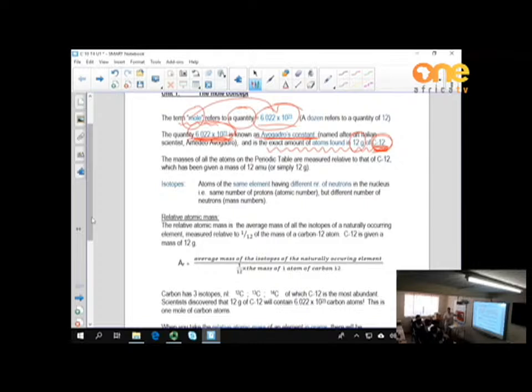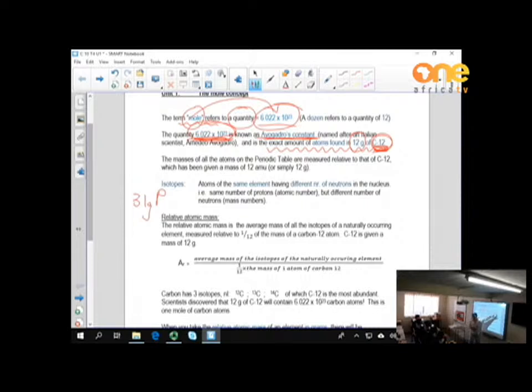It has a mass of, let's say, 31. In other words, if I have 31 grams of phosphorus, I will have 6,02 times 10 to the power 23 phosphorus atoms. 12 grams of carbon 12.